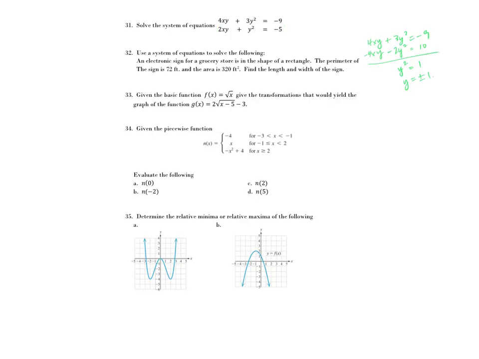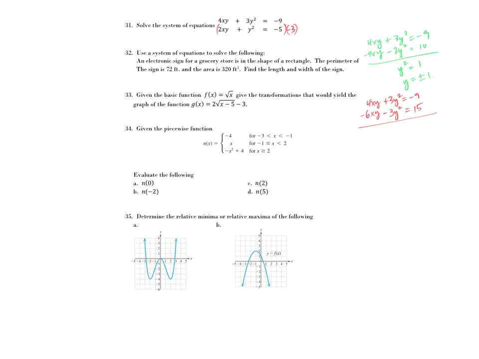If I multiply this bottom part by -3 now, then I'll get 4xy plus 3y squared equals -9, and I'll get -6xy minus 3y squared is equal to +15.